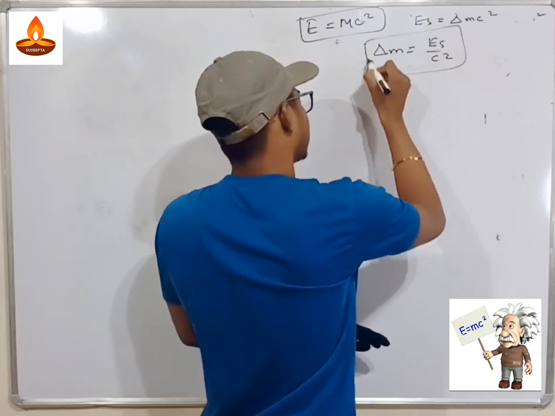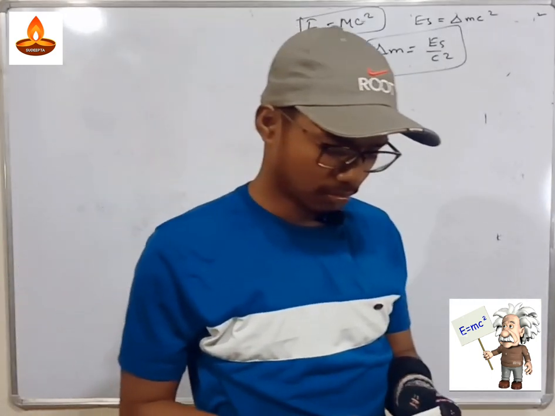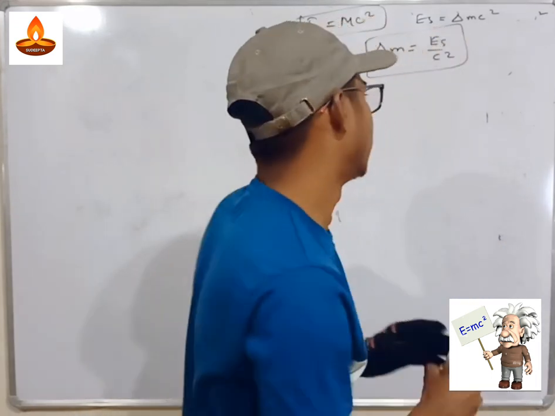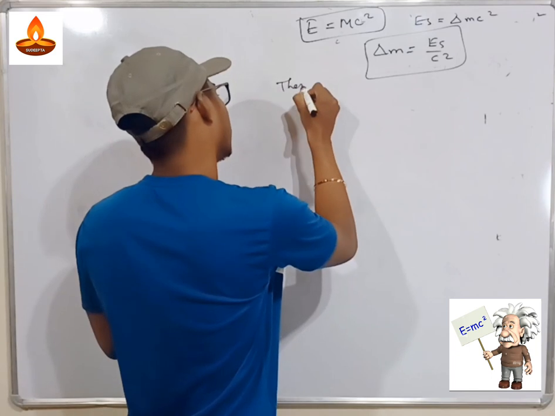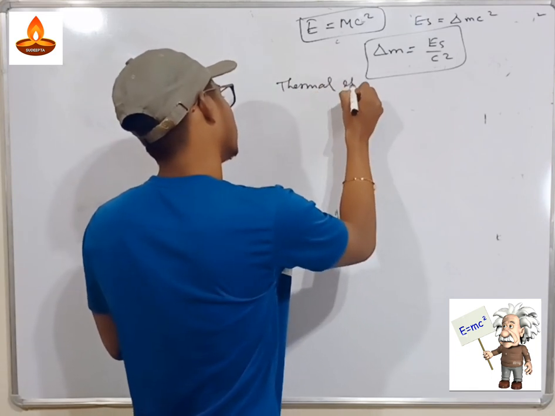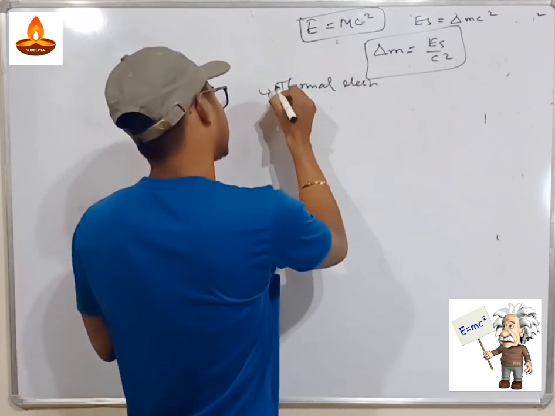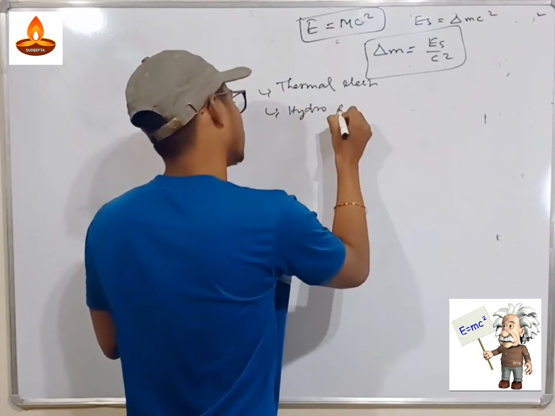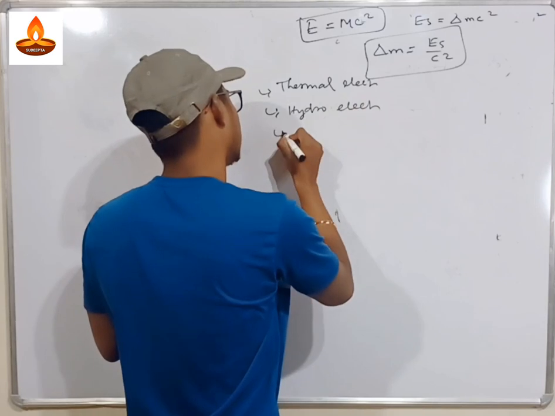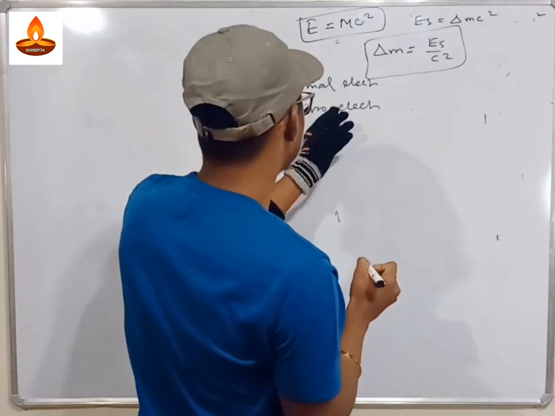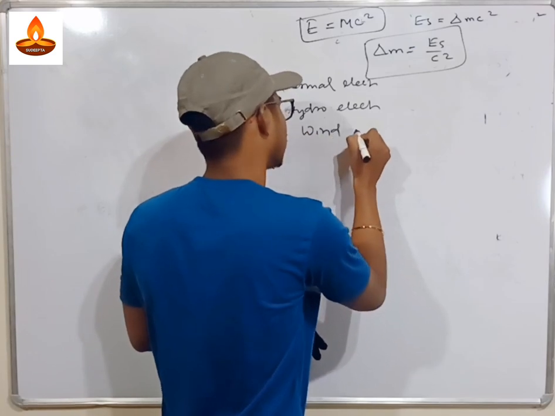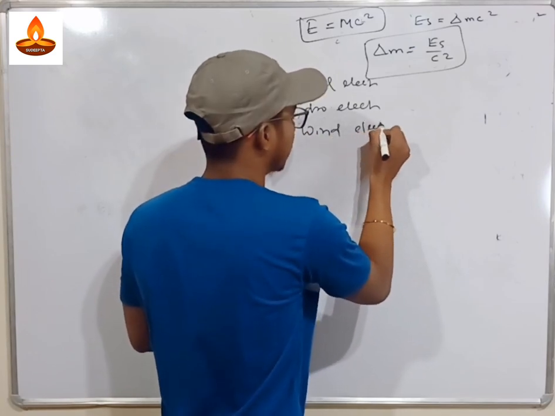What is the application? Look at this. We get different kinds of electricity nowadays. We get thermal electricity, hydroelectricity, and other sources of energy too, like wind energy, through which we get wind electricity.